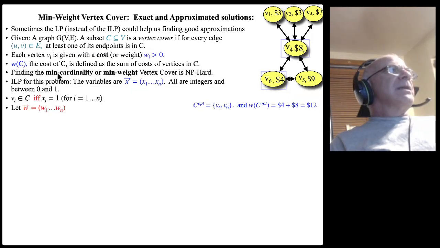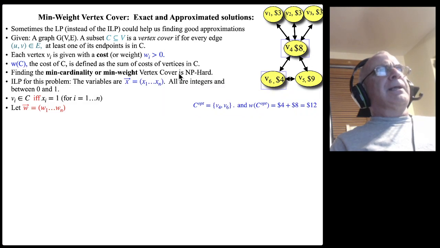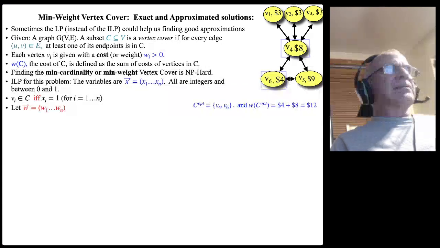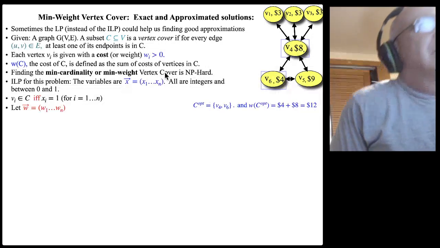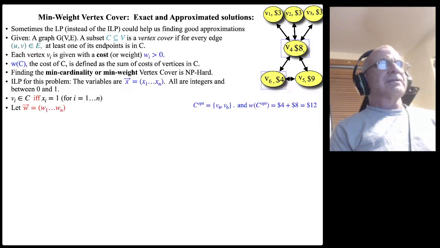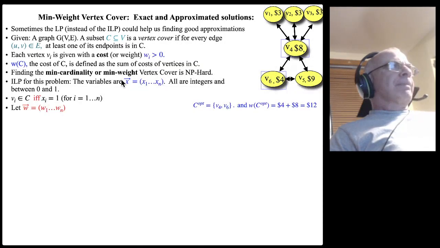Now, the minimum cardinality and the minimum weight vertex cover are both NP-hard. We cannot really hope to see the solution if the problem is very large, unless, of course, P equals NP, if you want to believe in it, but most people don't.